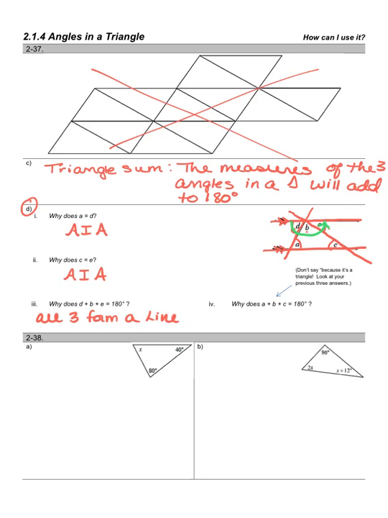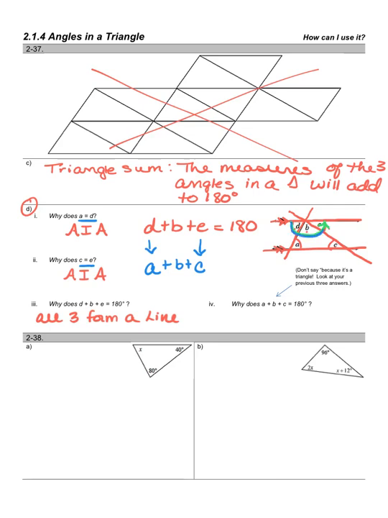Well, if we know that D plus B plus E is equal to 180, and from this statement right here, A is the same as D, so I'm going to replace D with the measure of angle A. And from this statement right here, I know that C and E have the same measure, so I'm going to replace E with C. And then B is going to stay the same because it's present in both setups.